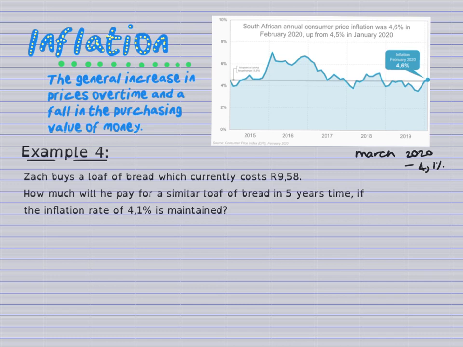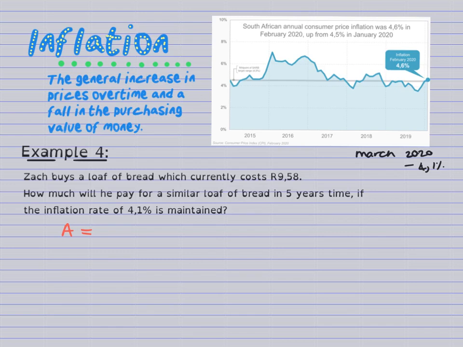But let's get stuck into the example, because you don't have to unpack all of that if you're writing a test or an exam. You just need to be able to answer the questions around this. So Zach buys a loaf of bread, which currently costs 9.58 Rand. How much will he pay for a similar loaf of bread in 5 years' time if the inflation rate of 4.1% is maintained? It's actually super easy.